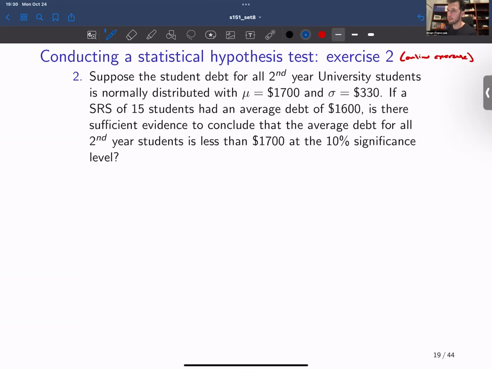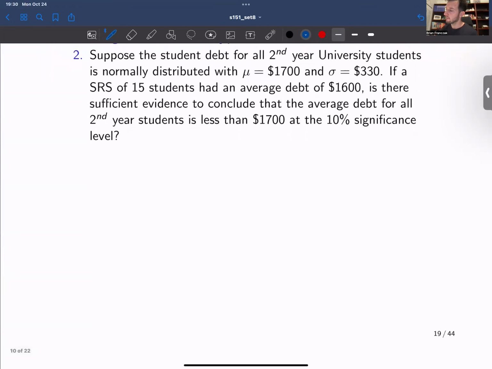If a SRS, so simple random sample, of 15 students had an average debt of $1,600, is there sufficient evidence to conclude that the average debt for all second-year students is less than $1,700 at the 10% significance level? So this is a fairly standard hypothesis testing scenario. In every hypothesis test or confidence interval or inferential procedure that we study in this course, we always start off by checking the assumptions.